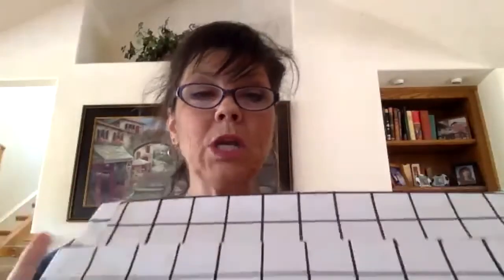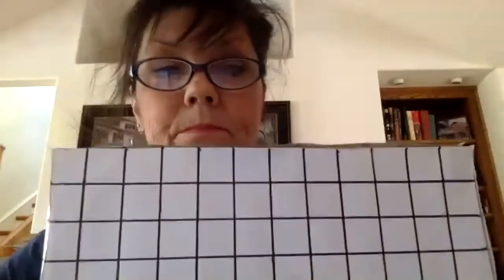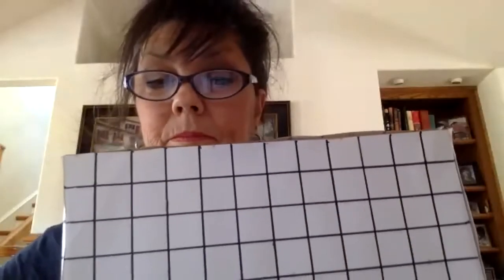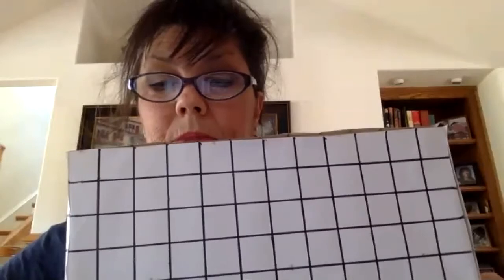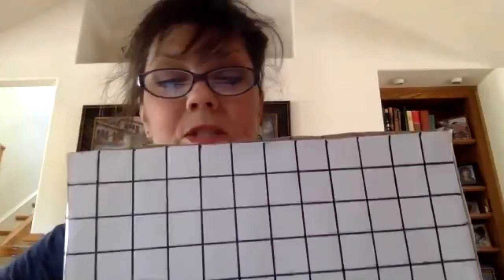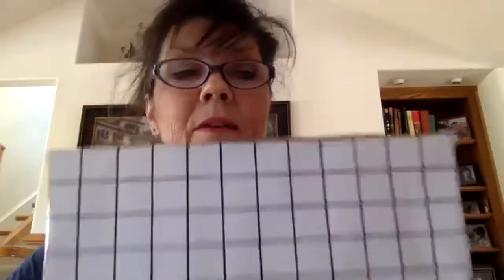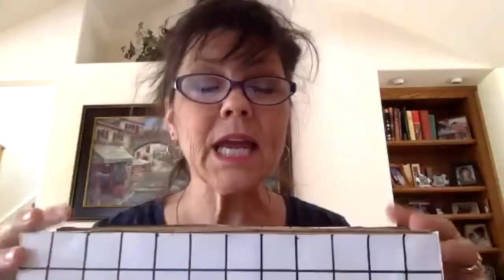So what would we know about the bottom? It's the same. That's exactly right. It can't be a rectangular prism unless opposite faces are equal. So that means that we have another 120 square unit face. Everybody on board with that?